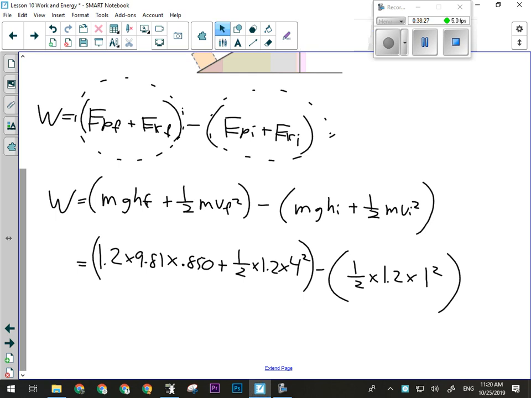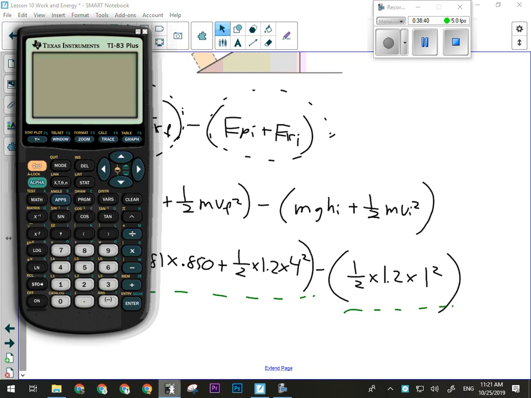Now I should be able to calculate how much work is done. It'd be the difference between the energy at the bottom and the energy at the top. So 1.2 times 9.81 times 0.85 plus 0.5 times 1.2 times 4 squared. There's the energy I have at the top of the ramp.